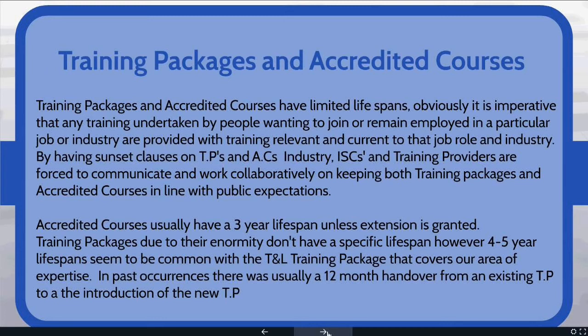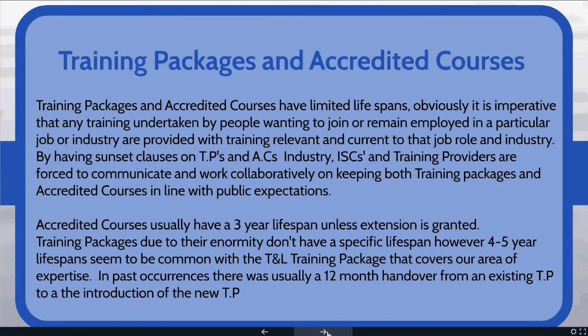And over the last year or so, instead of having a 12-month handover for qualifications and training packages, they've moved to longer handovers. This qualification that you guys are doing is about to start an 18-month handover itself. So a lot of people are going to do this qual now, because it'll serve you just as well as the new one, but it'll be a lot easier and more straightforward.